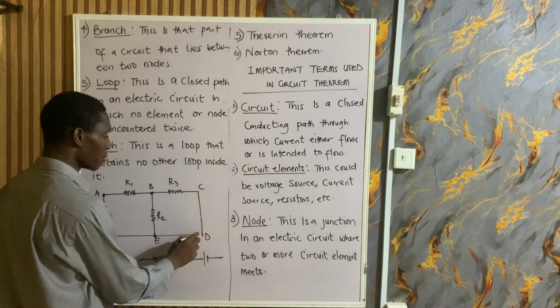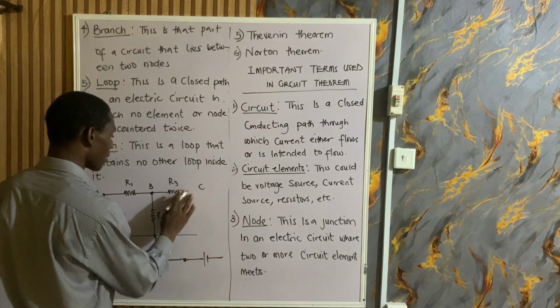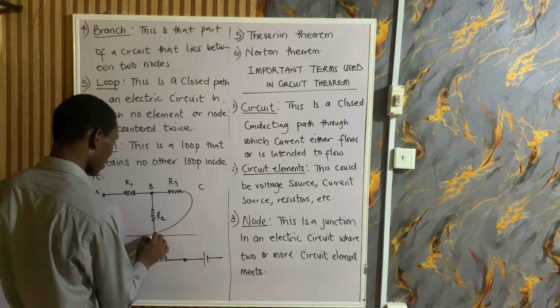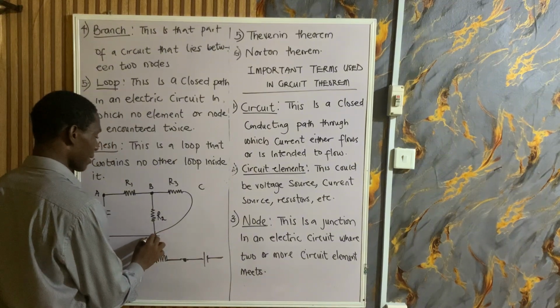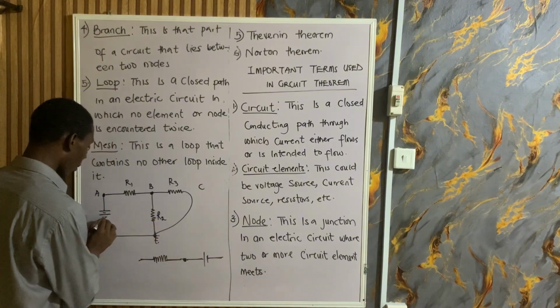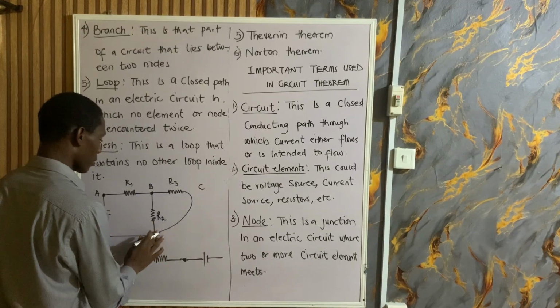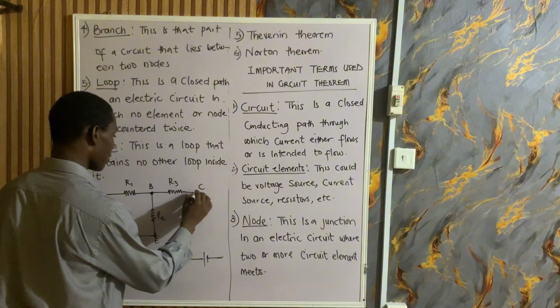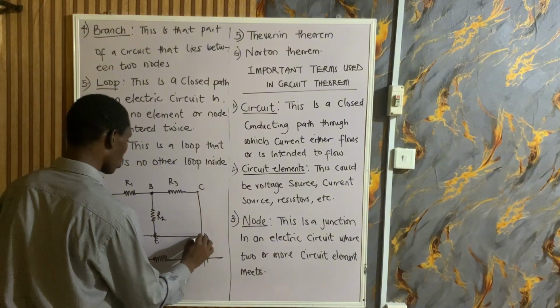Understand that this is not a node. Why? Because the second wire of this can simply be connected like this. So this is where the node lies. The wire of this, the second wire of this, and the wire of this, they all meet here. That's the node. So understand, it is drawn like this, C to D, and then D to E, just for neatness.